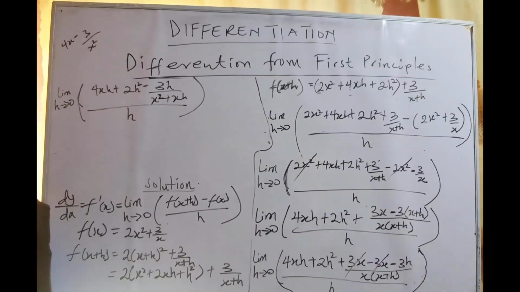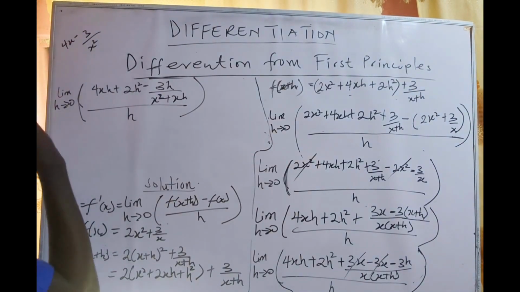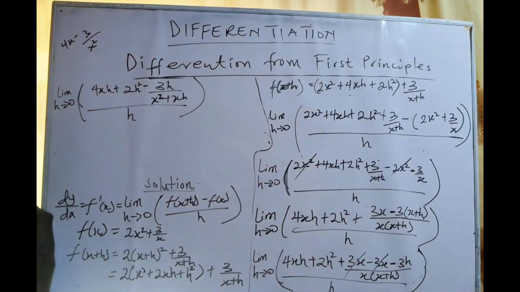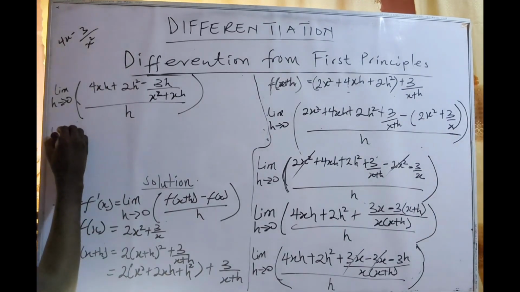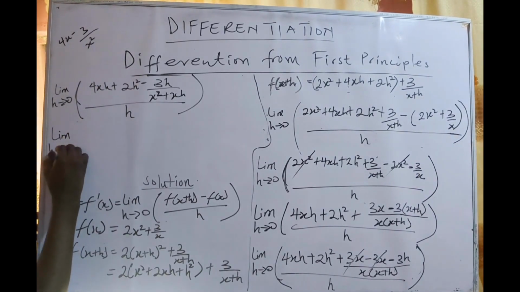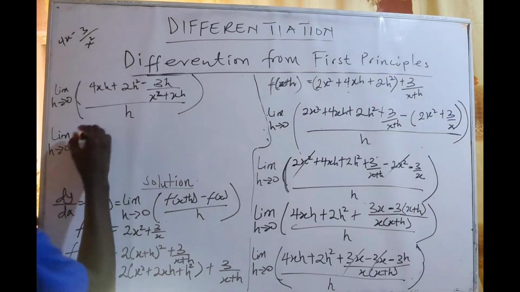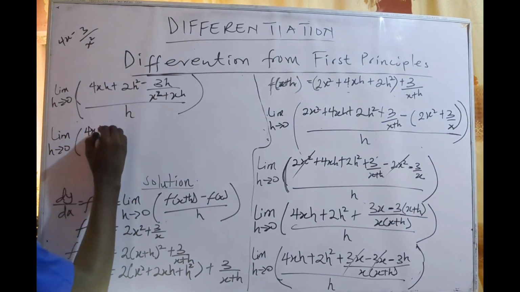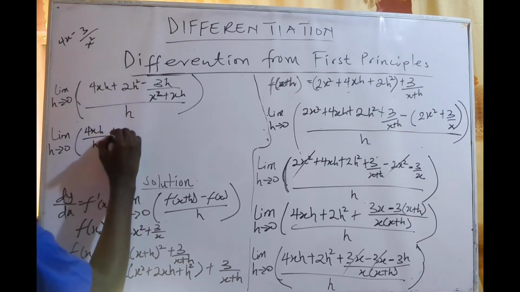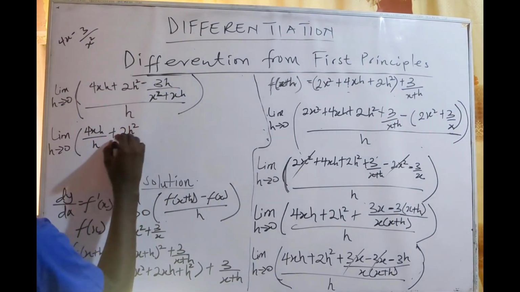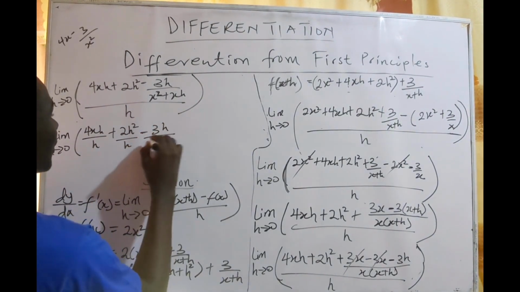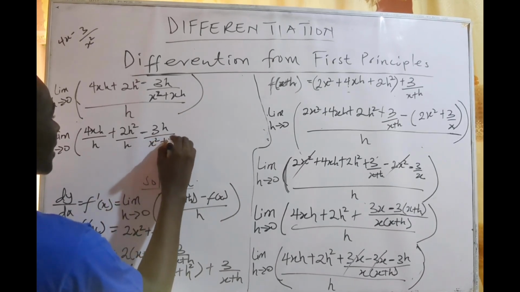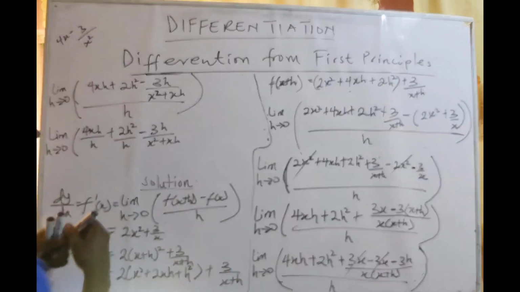Don't forget, we just divide each expression by our h. So now our limit as h approaches 0 is going to be 4xh on h plus 2h squared on h minus 3h on x squared plus xh, all divided by h.